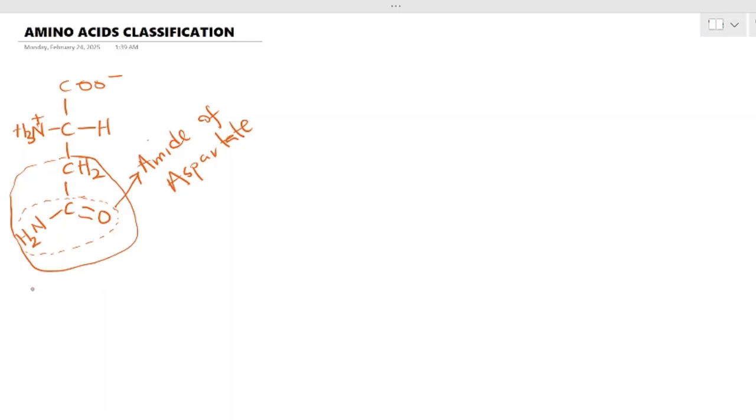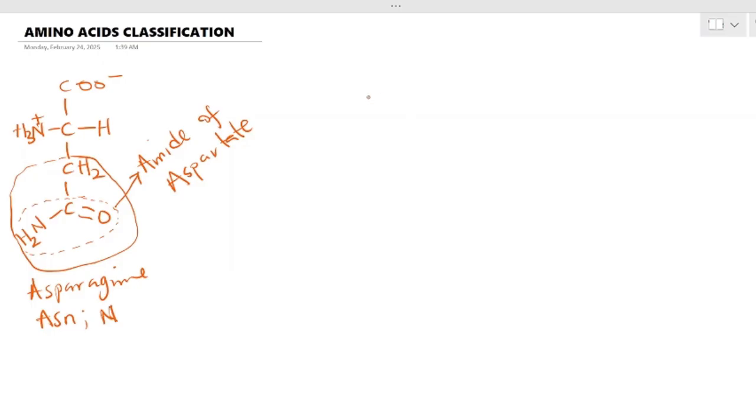And asparagine is written as, the three-letter word is ASN, and the single letter is N. So the next we want to look at, still in the uncharged but polar group, is glutamine.